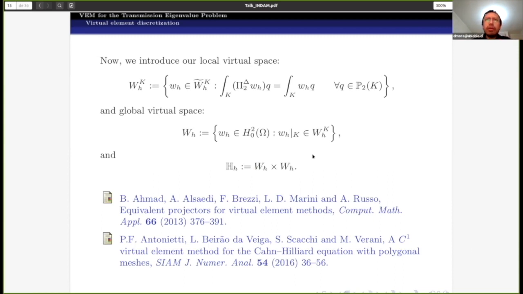We can make other choices also here, but in this case we are going to approximate the L2 functions with the same space as for the first. Some details on the construction of the enhancement technique and the C1 element can be seen here.